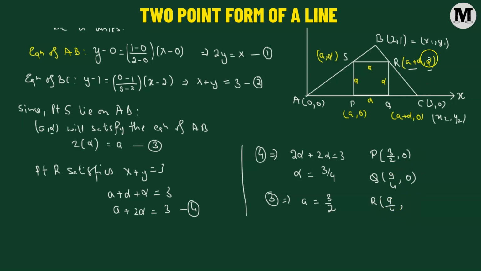And the y coordinate is alpha, which corresponds to 3 over 4. And finally, we have point S. So for point S, the x coordinate value is a, so that's 3 over 2, and the y coordinate is alpha, so that will be 3 over 4. So hence, we have successfully obtained the coordinates of the vertices of the square PQRS, which is inscribed within the triangle ABC.